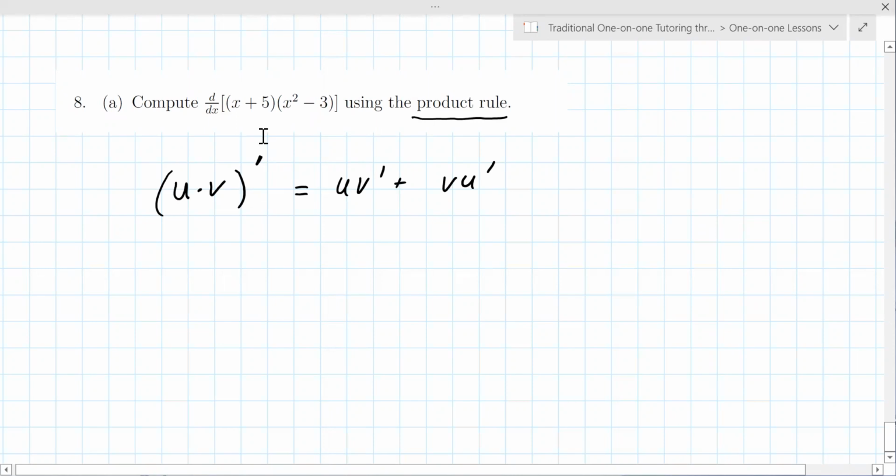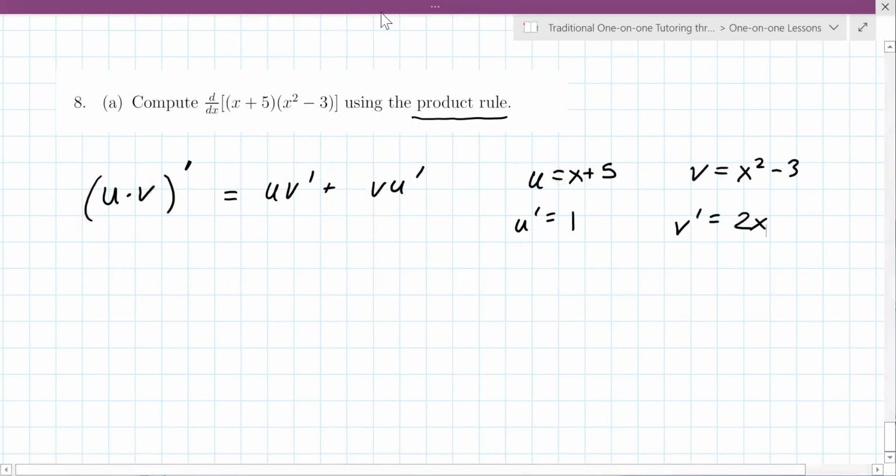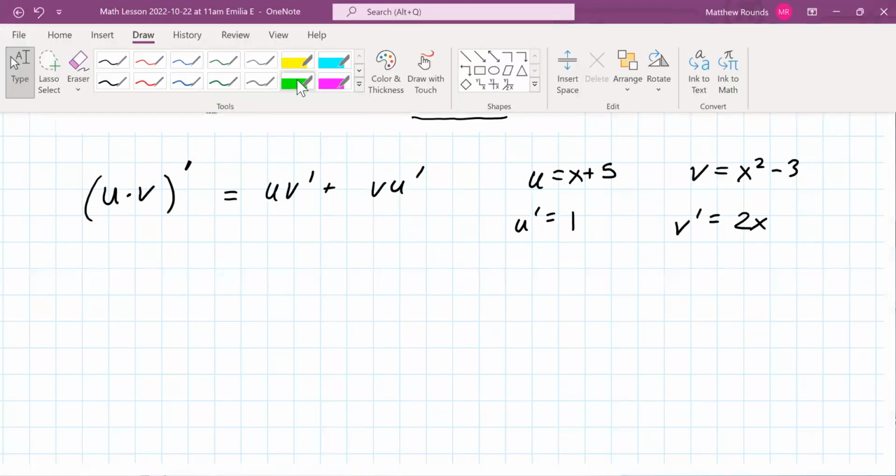You might even remember us doing this the following way. I had you write out the u and the v, and we take the derivative one at a time. So u prime is just 1 in this case, and v is x squared minus 3. V prime is 2x, and then you combine these sort of diagonally.